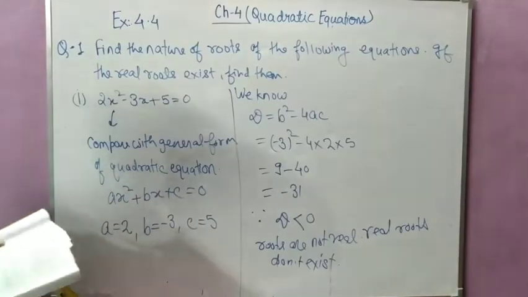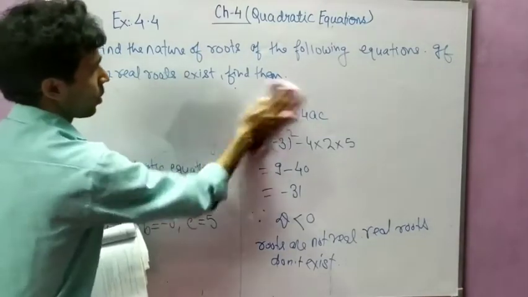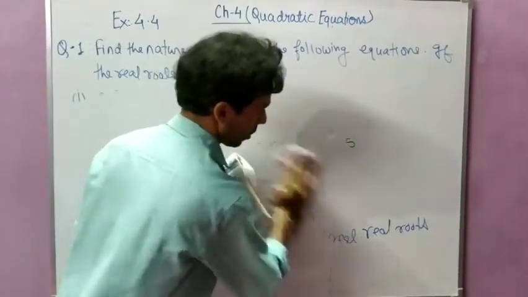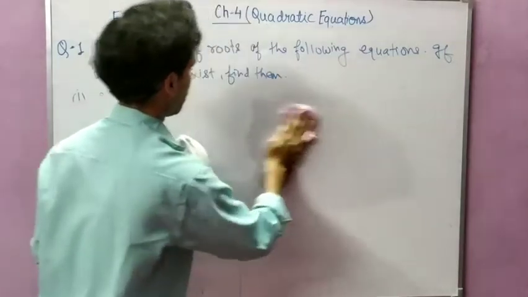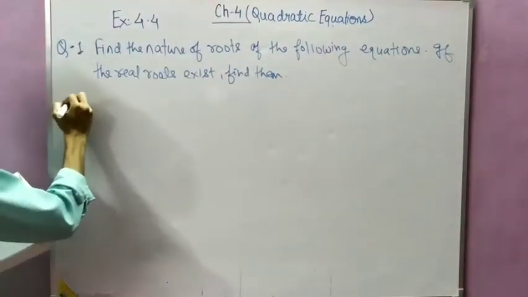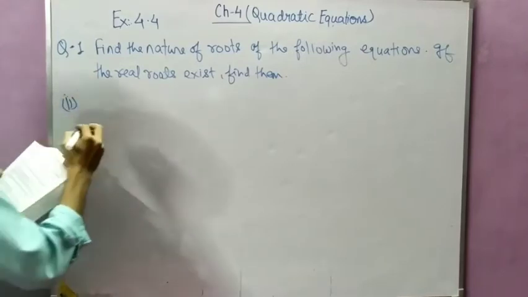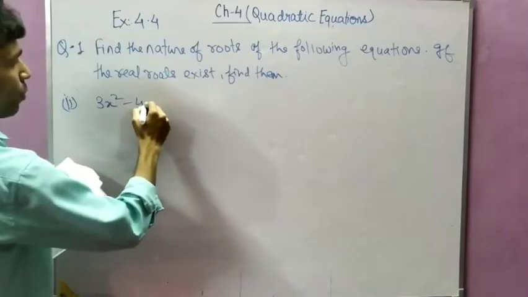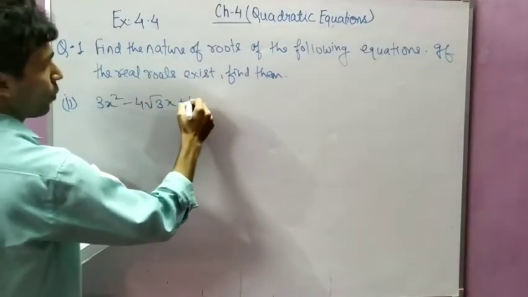Now, one more question I can solve for you. Part second of question number first. Question number second is 3x square minus 4 root 3 x plus 4 equal to 0.